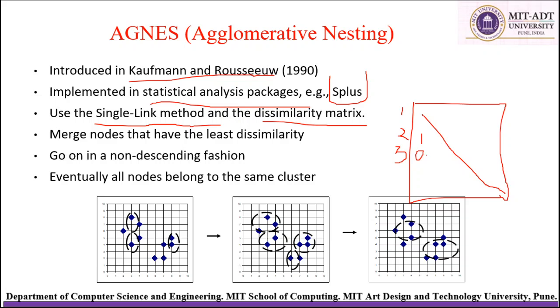So the distance between 1 and 2, 1 and 3, 1 and 4. Based upon this, we can have the clusters formed. We go on merging the clusters and will have the different clusters. So this is how the agglomerative or AGNES algorithm works.